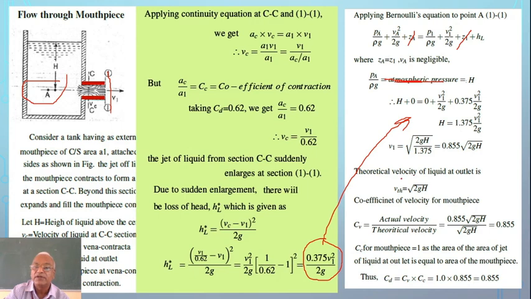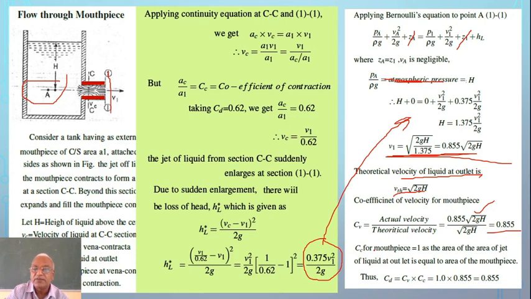The theoretical velocity of the liquid at the outlet is square root of 2gH. The coefficient of velocity for the mouthpiece, CV, will be equal to actual velocity divided by theoretical velocity. This is the actual velocity considering contraction, and the theoretical velocity is root 2gH. Because of that, CV becomes 0.855.